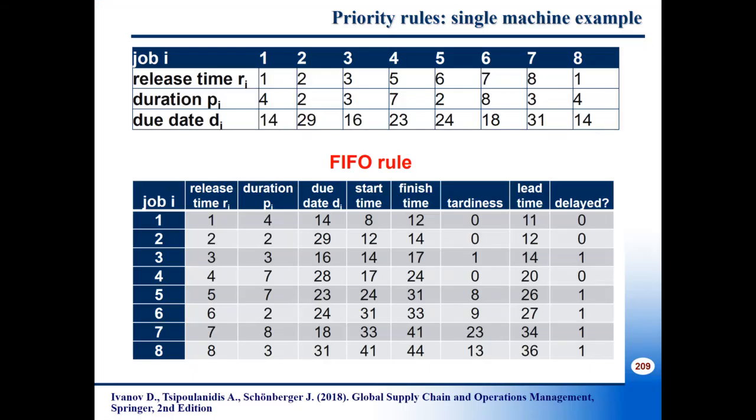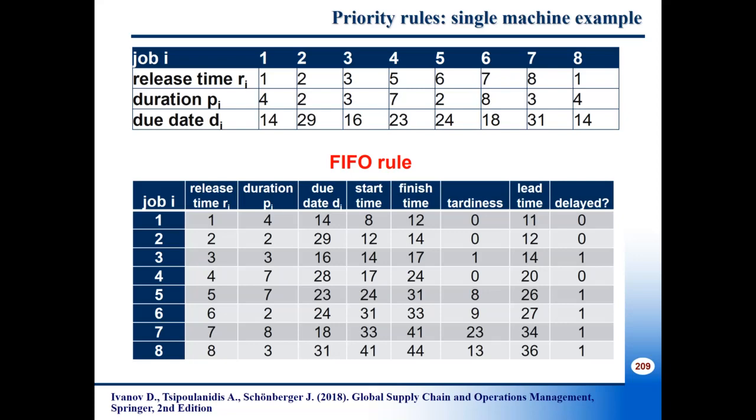Another method of job scheduling is priority rules. This is the most intuitive approach for determining the job processing sequence: to process the jobs in the sequence of their arrival or release times. In the upper table, we have 8 jobs with different release time, duration, and due date.